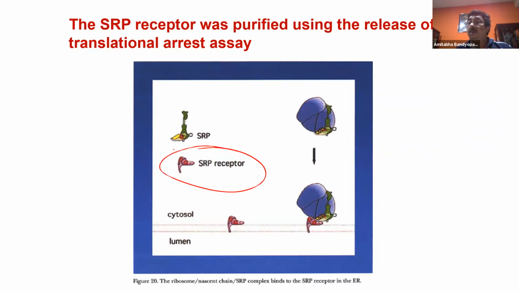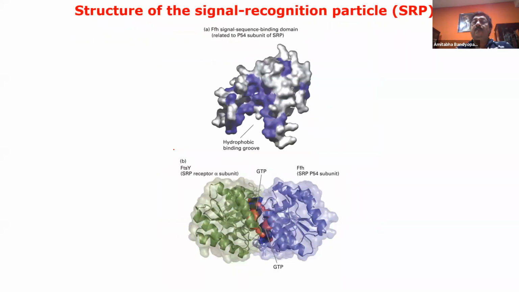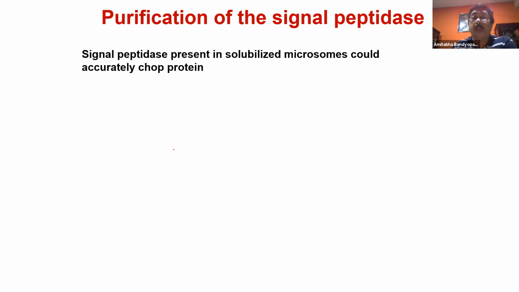So now you got two of the components. Okay, signal peptide was already shown. Then they got the SRP receptor, SRP and SRP receptor. Okay, so again, like the structural data, and I am not good at it. Now, what removes the signal peptide? So there will be a signal peptidase. So how did they purify that one?